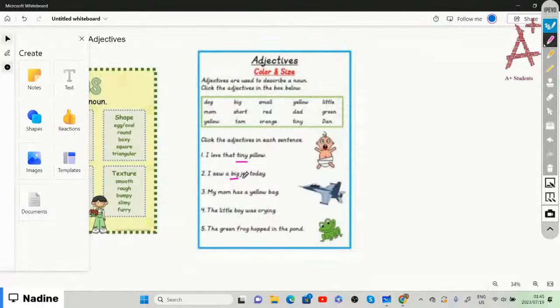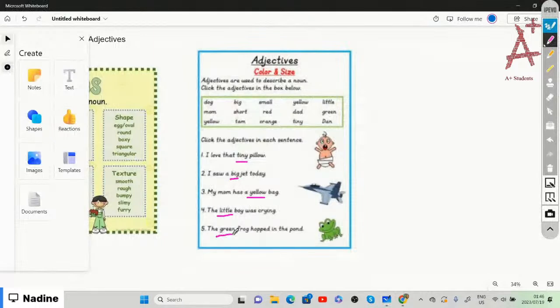My mom has a yellow bag. So yellow is the color of the bag. My little boy was crying. Little boy, so little is the adjective. And the green frog hopped in the pond. So green.